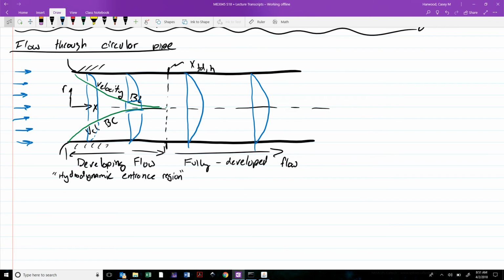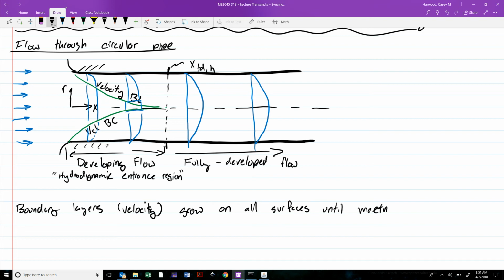So the summary points here are boundary layers, velocity type, grow on all surfaces until meeting in the center.